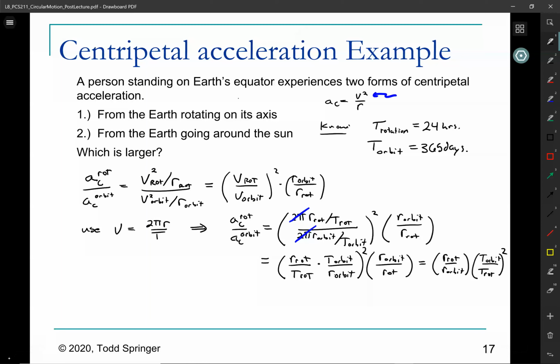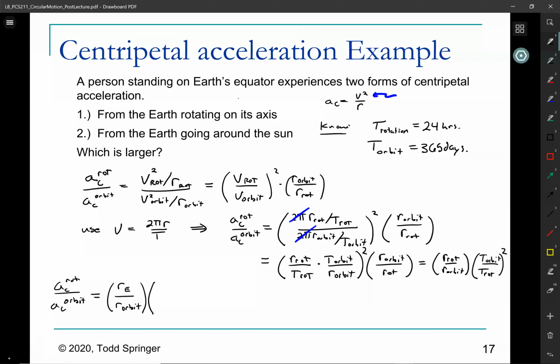All right, now let's plug in the numbers. So a_c rotation divided by a_c orbit is equal to, plugging in the numbers, r rotation over r orbit. So here I need the radius of the Earth, that's the radius of the rotation, divided by the radius of the orbit, times the time for the orbit.